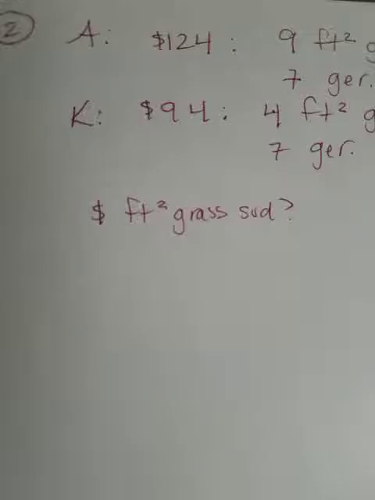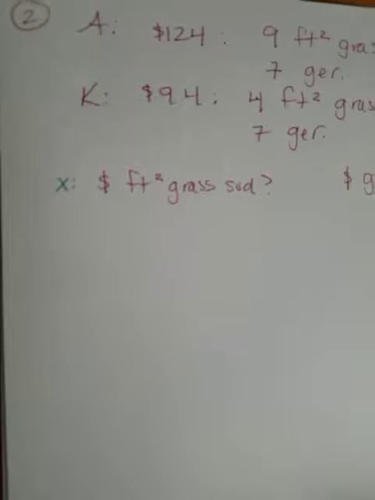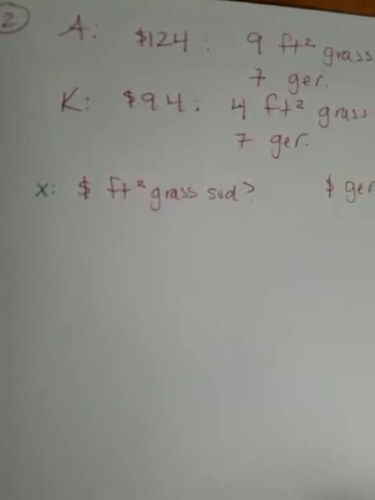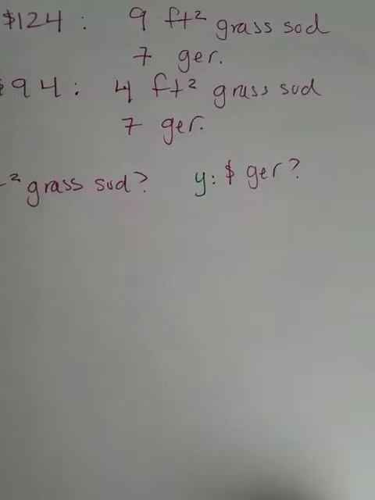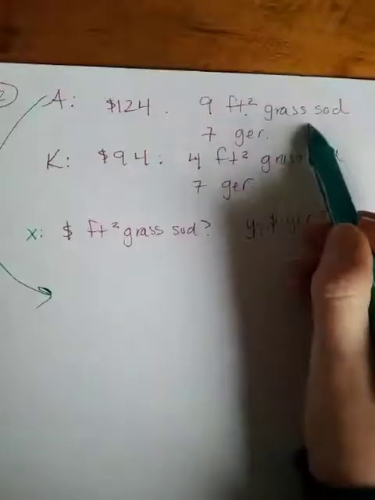So we don't know how much the 2 things that these people are buying cost. So again, you can be as crazy as you'd like with defining your variables. I'm going to let X be the cost of the square feet of grass sod and Y be the cost of each geranium. So you need to write that somewhere. So here I go. I'm going to make my equation for Arjun. This person bought 9 square feet of grass sod.